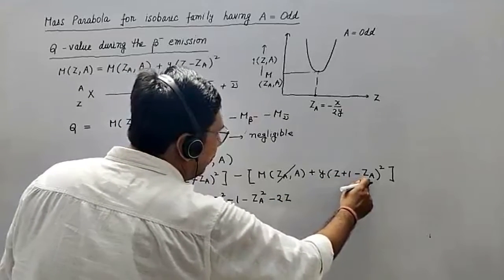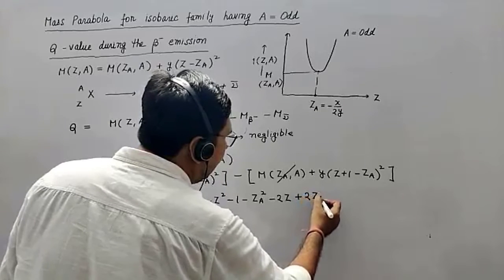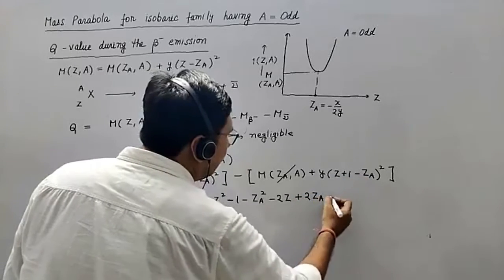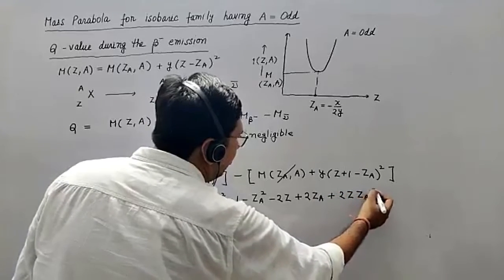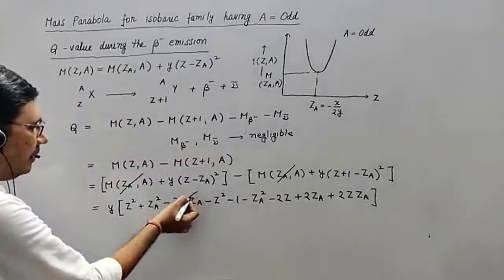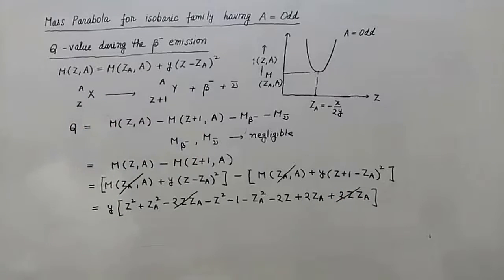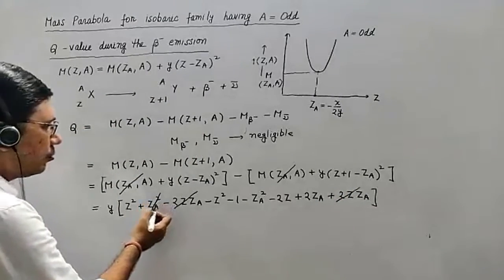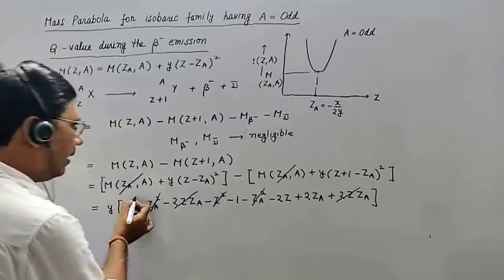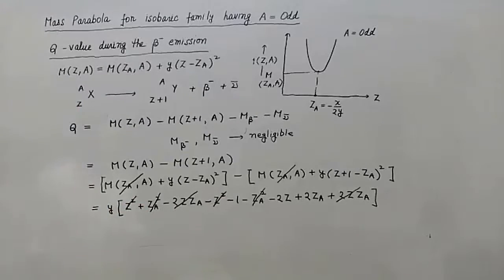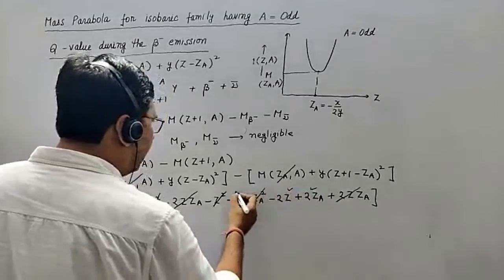This 1 into minus ZA, so minus minus becomes plus, this will be 2 times ZA. Now minus 2Z ZA cancels out, ZA square cancels out, Z square cancels out, and we will have this term and this one.